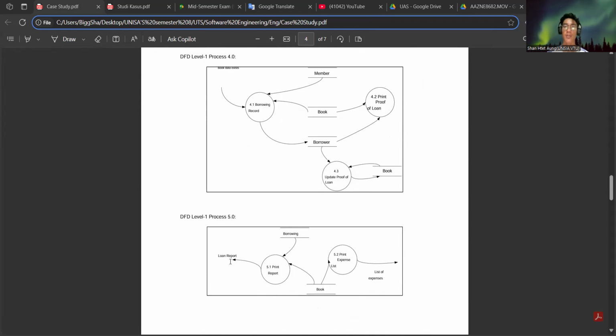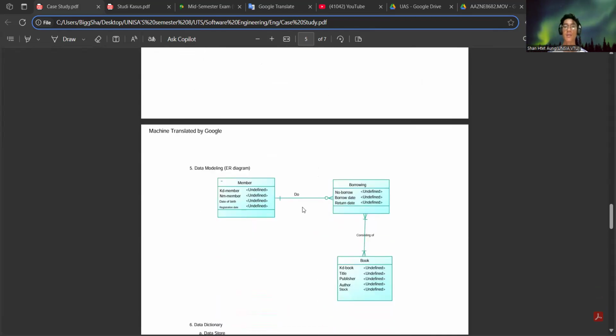After getting the loan approval, we print out the book, print the expiration list, and calculate the library expiration following the level 1 process 5.0.